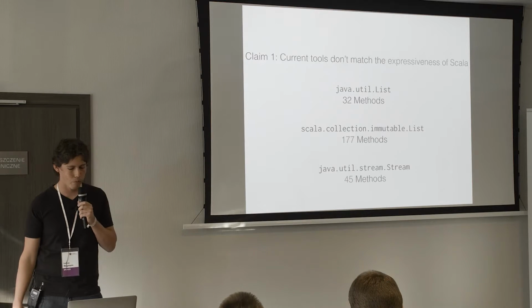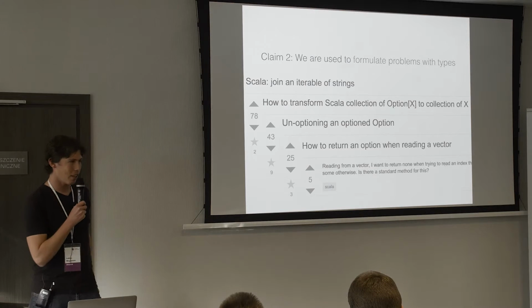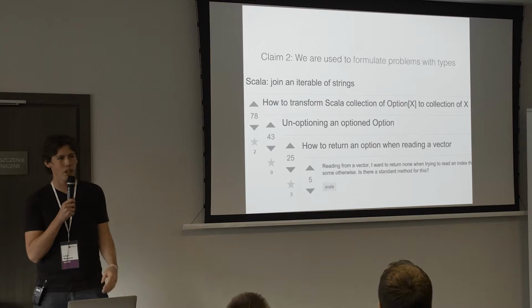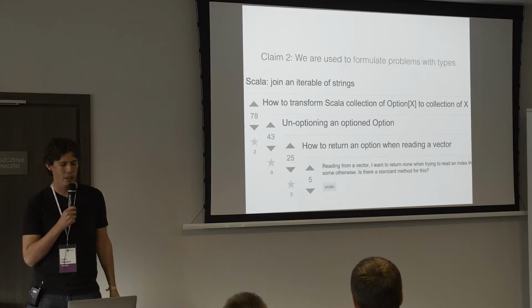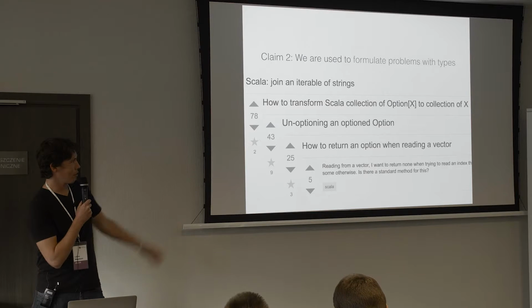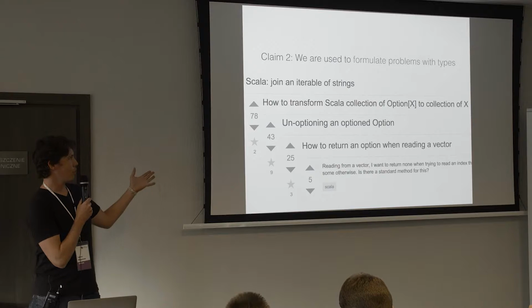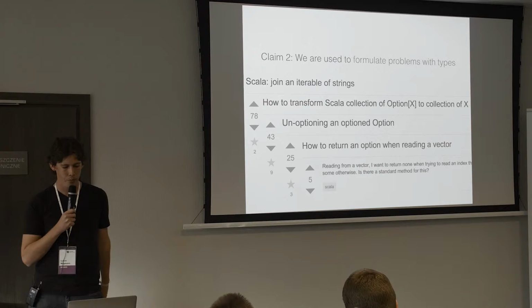So yeah, you need some tool for that. My second claim is that we are actually pretty good at formulating problems as types. So when you look at these Stack Overflow questions, you can easily translate them to a query to Scaps.